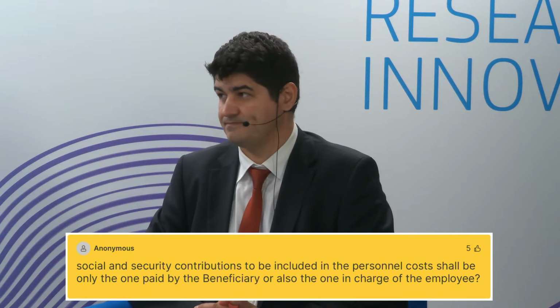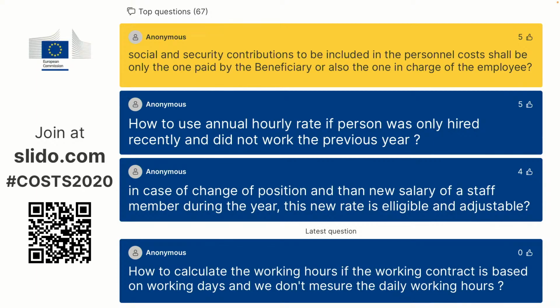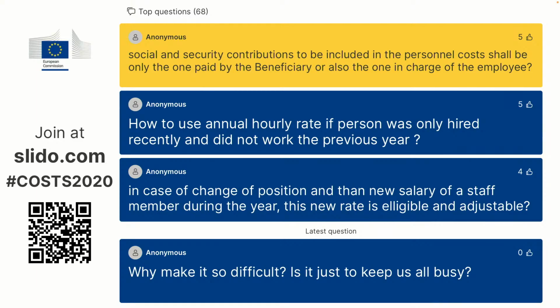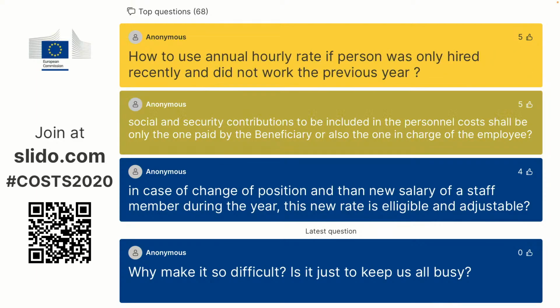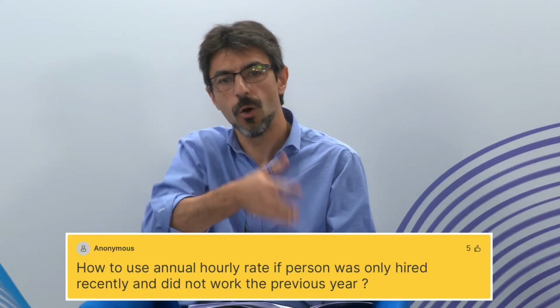Okay. Next one, how to use annual hourly rates if the person was only hired recently and did not work the previous year? Okay, for that we have a specific case in the annotated model grant agreement. If you control persons hired during the financial year, as the person was not there in the previous year, the only way in which you can calculate the annual hourly rate is taking into account the cost and the time that the person worked in the ongoing financial year.